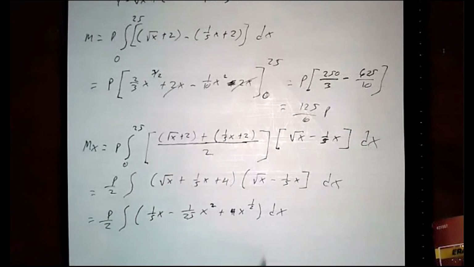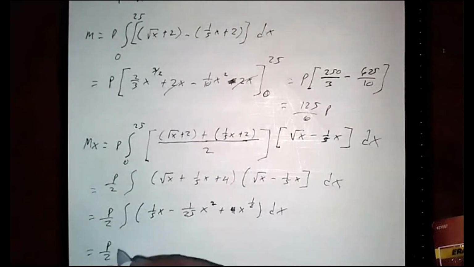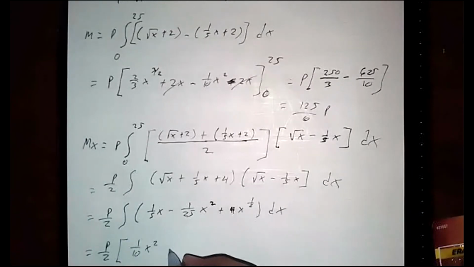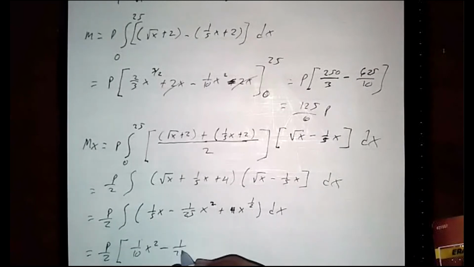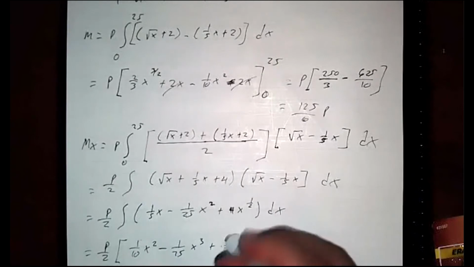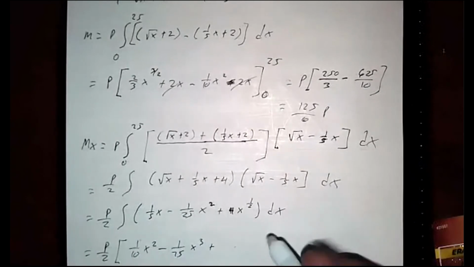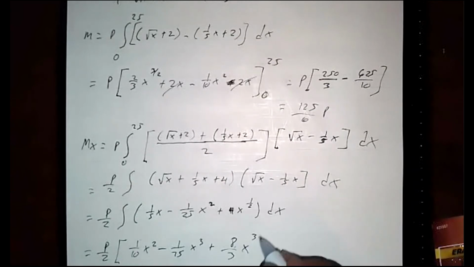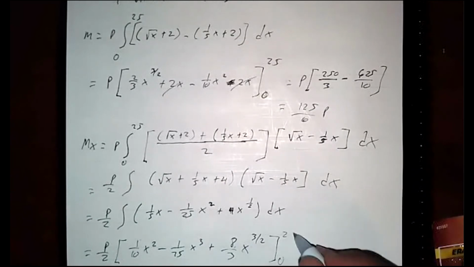So integrate these guys, and you'll get p over 2 times 1/10 x squared minus 1 over 75 x cubed plus 4/3 x. Actually, sorry, that's not true. It'd be 4 times that. Be 8/3 x to the 3/2 from 0 to 25.